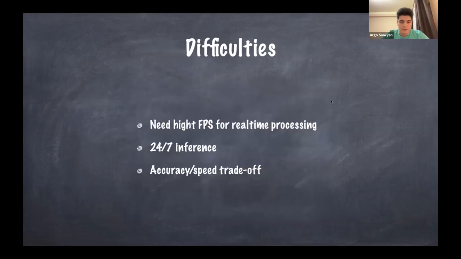Let's talk about difficulties, because there are some in this exact task and a lot of other similar tasks, when you're trying to create a system which works 24/7, and especially if you're trying to detect some small objects. The first problem: our solution needs to be fast.